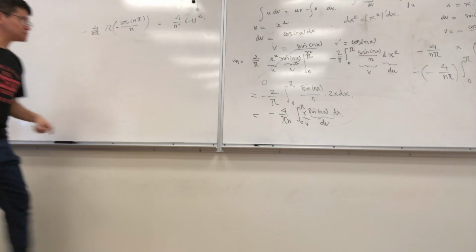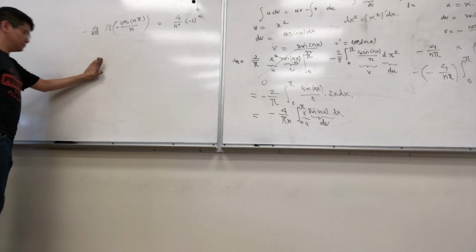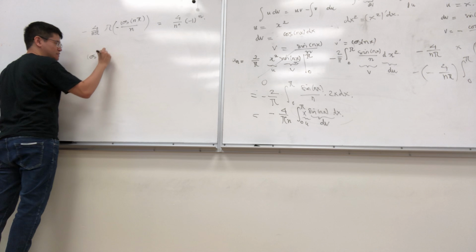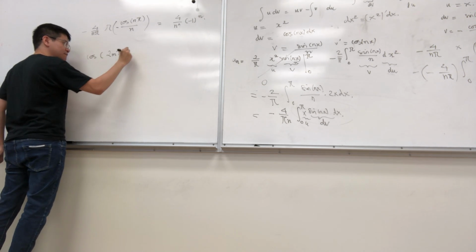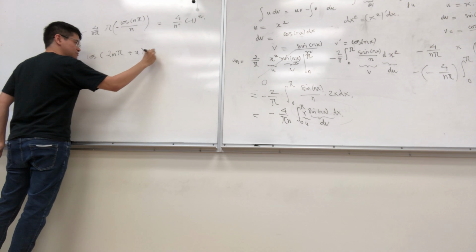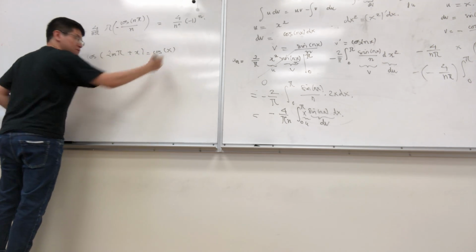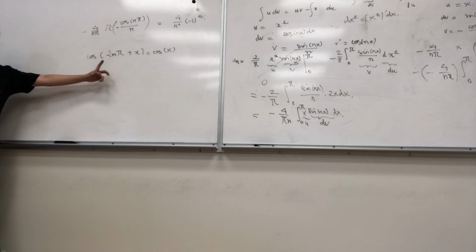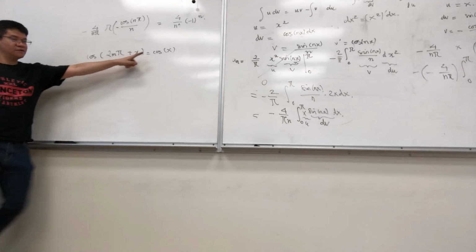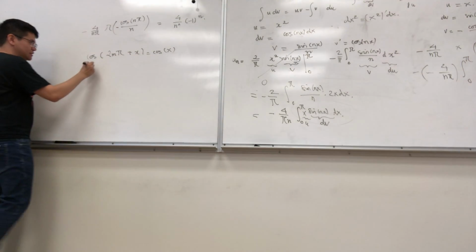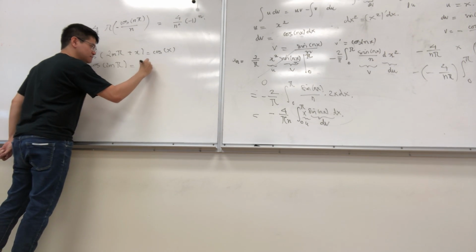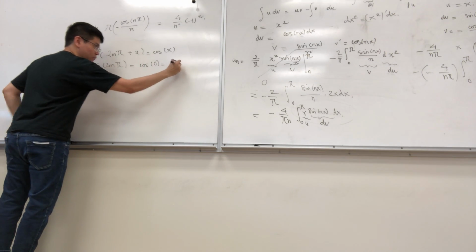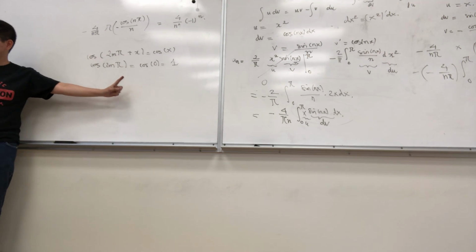Yes, so let me explain it. We're going to use the periodicity of cosine again, right? So you have cosine of n pi plus x is going to be cosine of x. Now I'm going to replace x with 0 here. So cosine of 2m pi will be cosine of 0, and this is 1. Right?